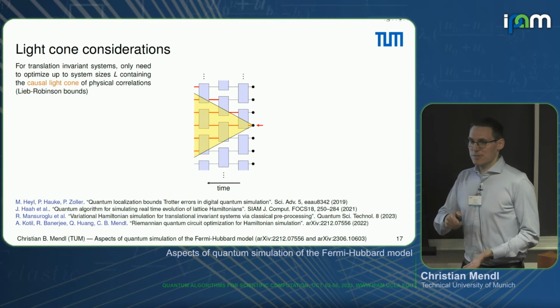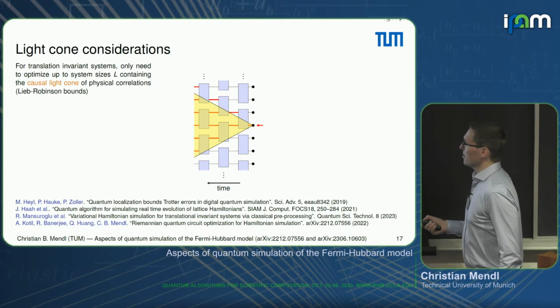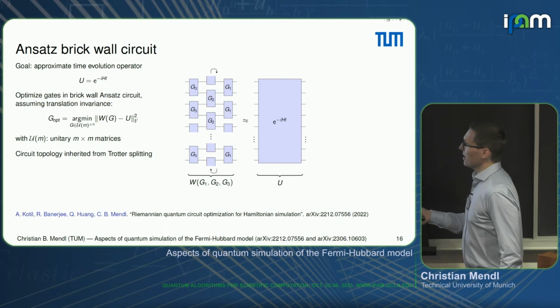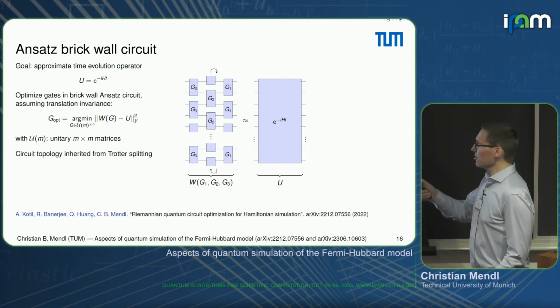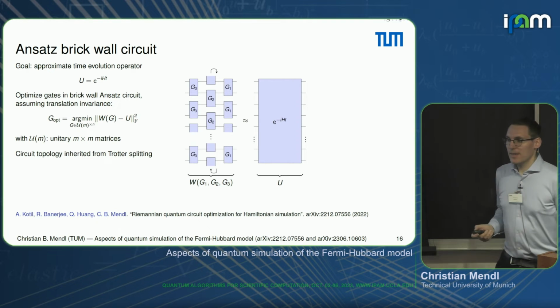But then you can use it for larger systems by just copying the gates. If you go back one slide, for example, I just use this small system size to optimize the gates. But if I want a larger system, I can just take copies of the same gates to make it larger.